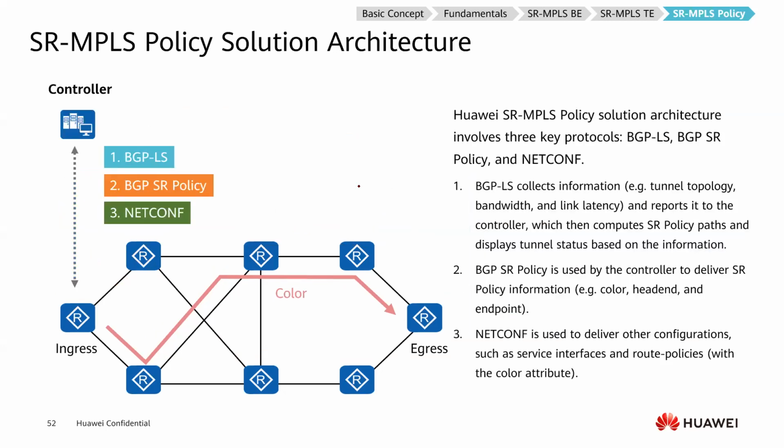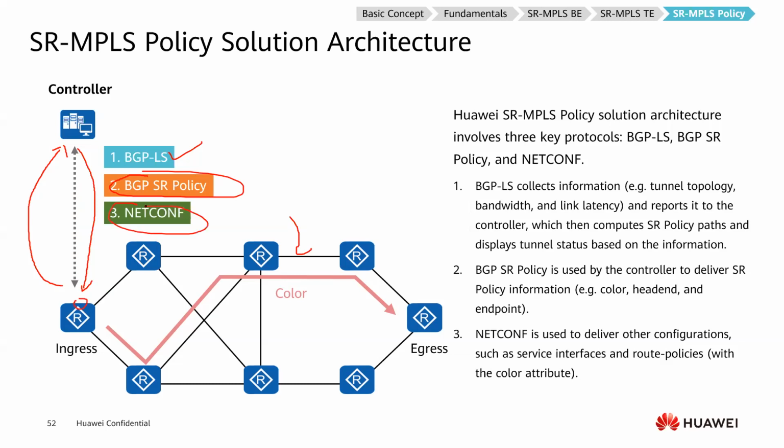A little bit of architecture. It's like this. We will use BGP-LS to tell the controller what the working topology is and all other information. And then we'll use BGP SR policy to deploy the SR segment stack to the ingress.